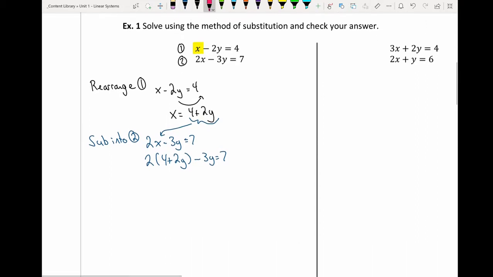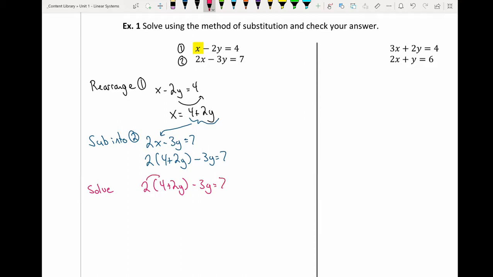The next step is to solve for my variable. By substituting it in, I only have one variable remaining, which is y. So now I can solve this. Let me rewrite it: 2 times (4 plus 2y) minus 3y equals 7.